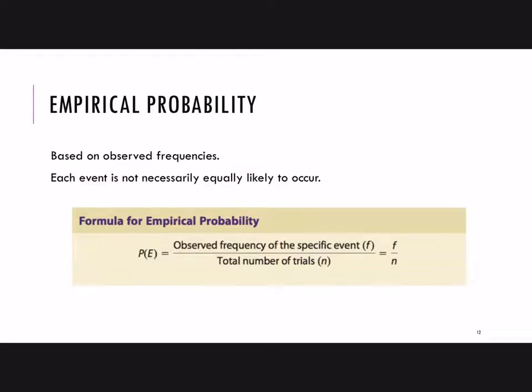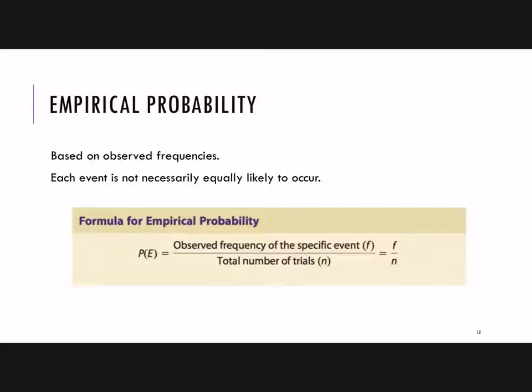All right, let's talk about empirical probability. We've already talked about classical, the more theoretical type in which all the events are equally likely. Empirical probability is the kind that is based on what actually happens in real life through some sort of trial or experiment. So this is based on observed frequencies, not necessarily what you're expecting to find theoretically, and each event is not necessarily likely to occur.